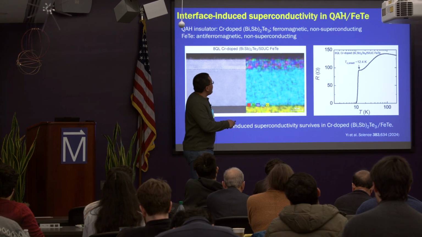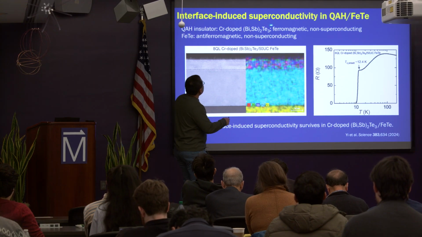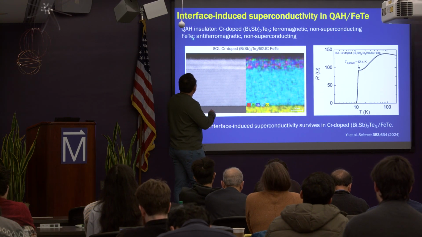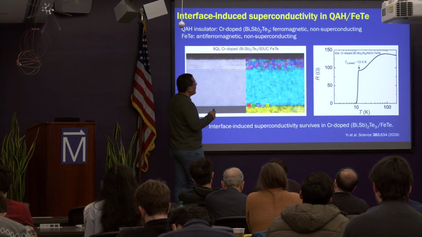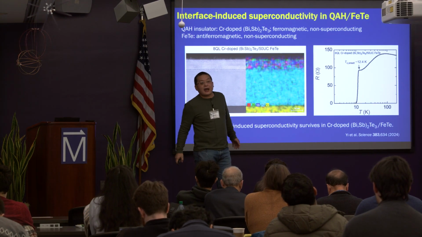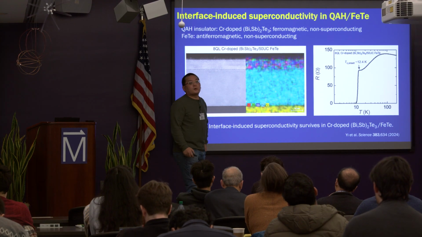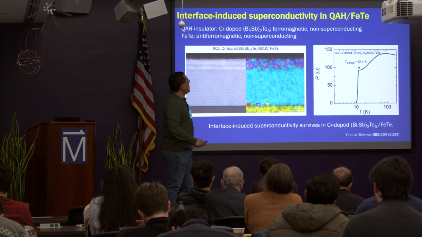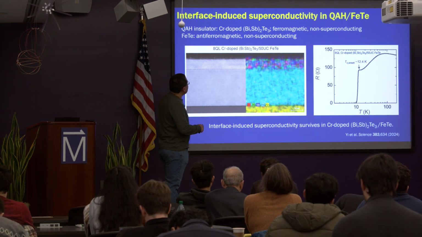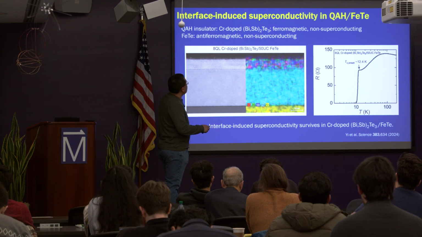So for chromium-doped bismuth antimony telluride and iron telluride heterostructures, the chromium-doped bismuth antimony telluride is ferromagnetic and definitely non-superconducting, and iron telluride is antiferromagnetic and non-superconducting. Two magnetic materials. Let's stack them together using MBE to see if the interfacial superconductivity still survives. Here we grow 8 quintuple layer chromium-doped bismuth antimony telluride and 50 unit cell iron telluride.